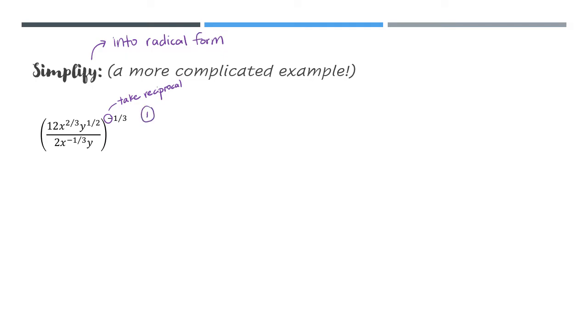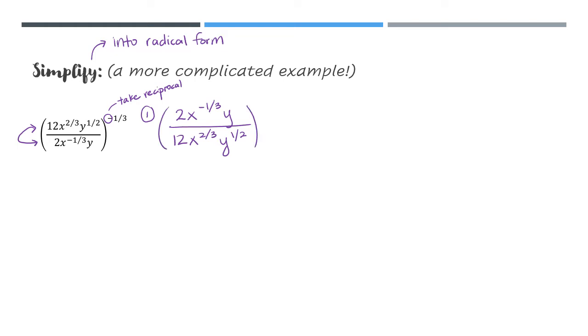So the reciprocal, of course, means flipping this ratio completely upside down. So our new numerator is 2 times x to the negative 1/3 power times y, all over 12 times x to the 2/3 power times y to the 1/2 power.